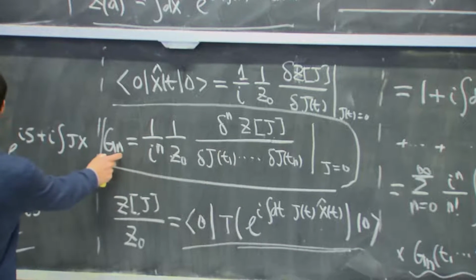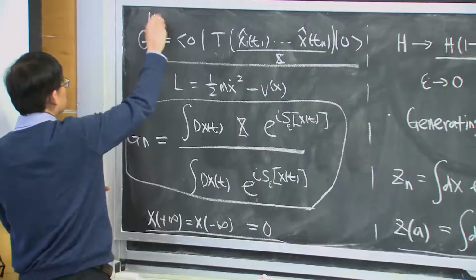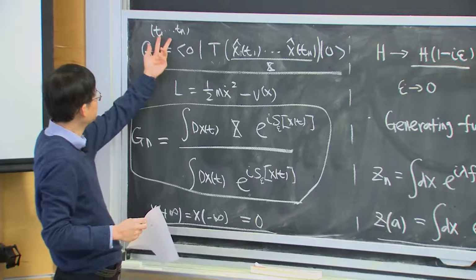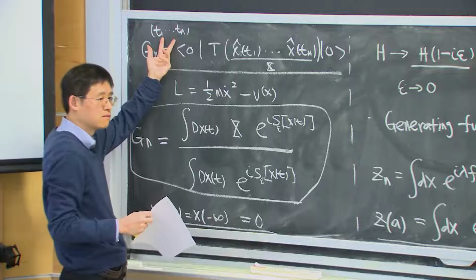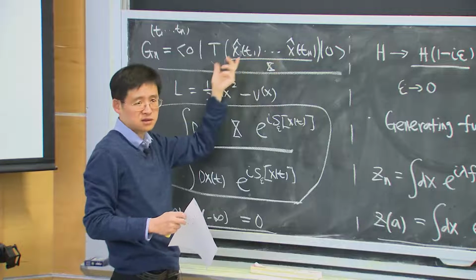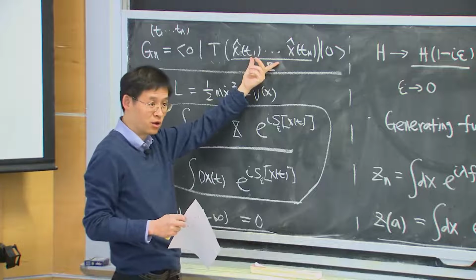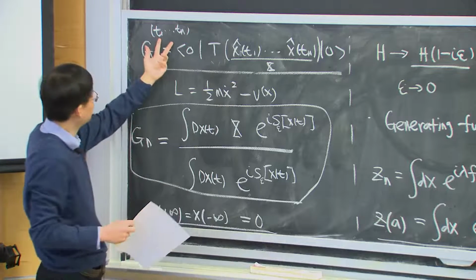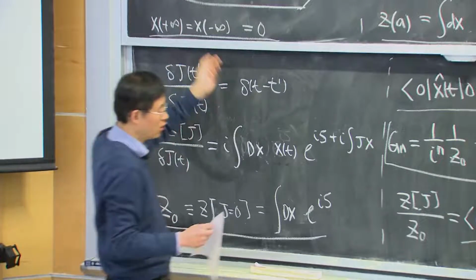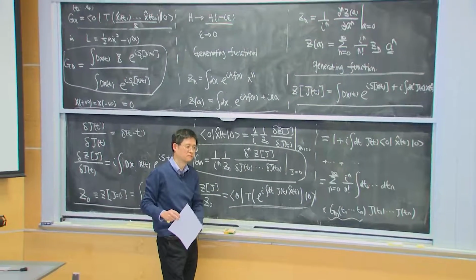Also, you notice on the left-hand side, Gn is a function of t1 to tn, and it is actually completely symmetric, because under time ordering it doesn't matter how I write the ordering here. So Gn is a symmetric function of t1 to tn. You can see it here, because all the derivatives commute.